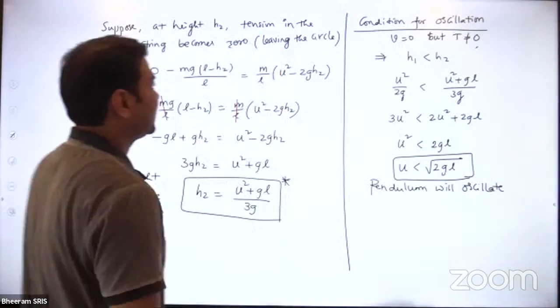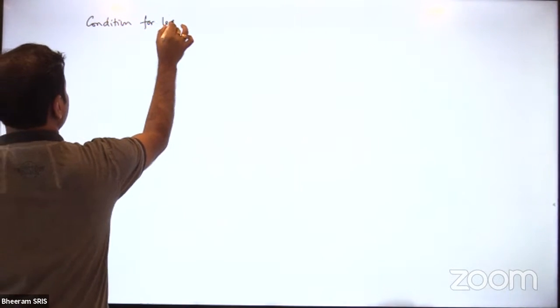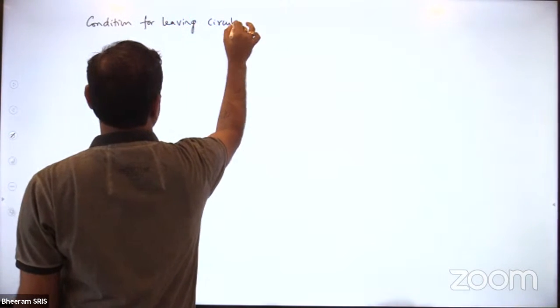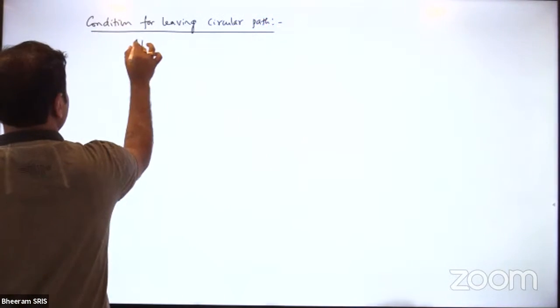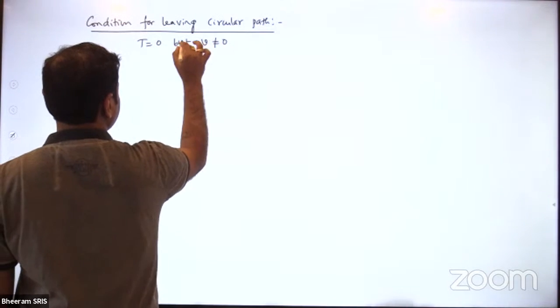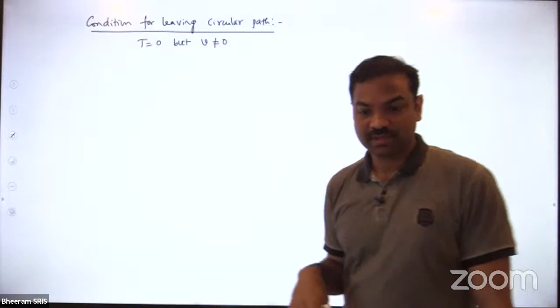Now we can go for the reverse condition. So I'll go for the other condition. What is that? Condition for leaving the circular path. Now tell me, what is the condition for leaving the circular path? Tension should be zero, but velocity should not be zero.